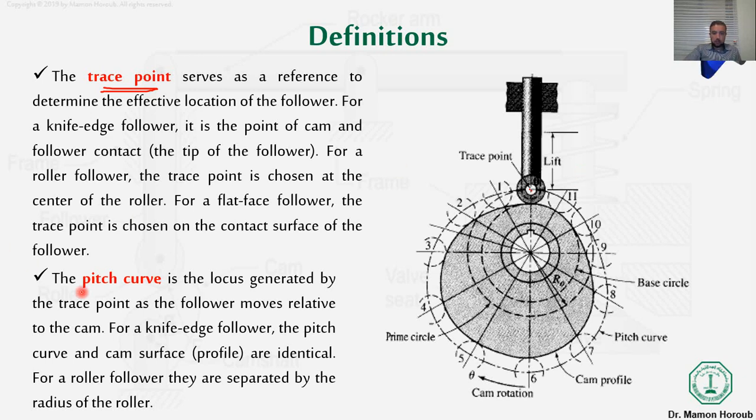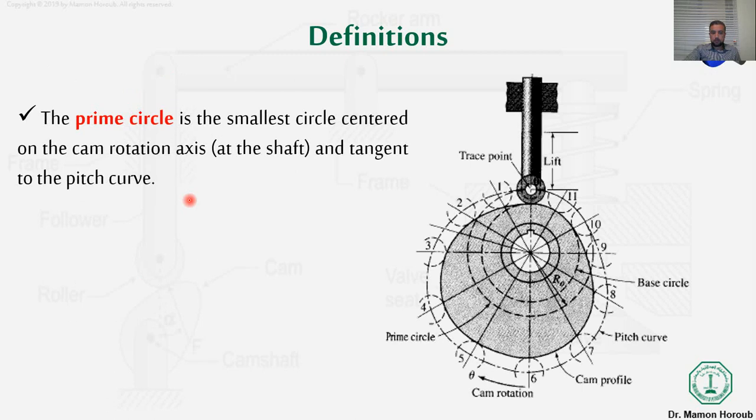Another thing that we call the pitch curve, which is the curve that the trace point moves along with the cam. So this dashed line, which represents the center of the roller of the follower once it moves on the cam profile, will give me what we call the pitch curve.